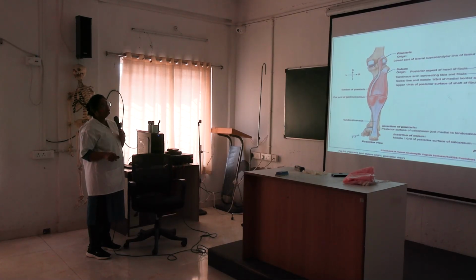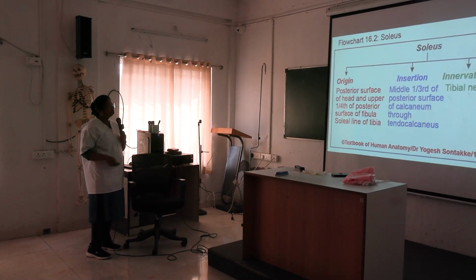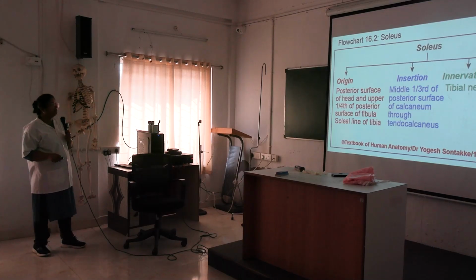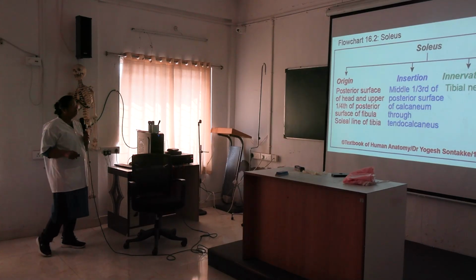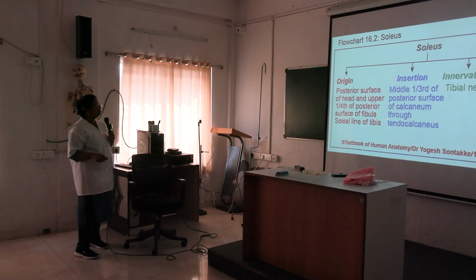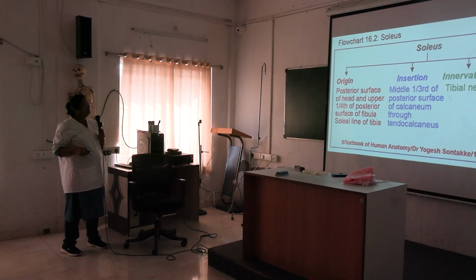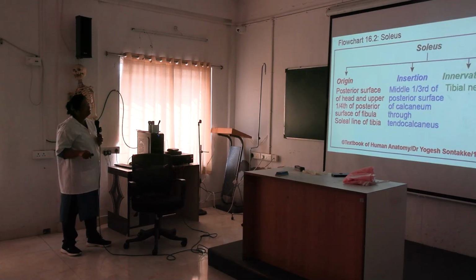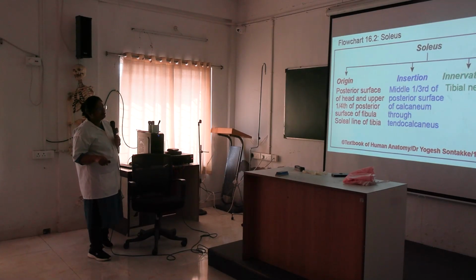Soleal line, and here from the fibula also. So soleus origin is from the posterior surface of the head and upper 1/4 of the posterior surface of fibula and soleal line of tibia. Insertion is the middle 1/3 of the posterior surface of calcaneum through tendocalcaneus, nerve supply by tibial nerve, action plantar flexion at the ankle joint.